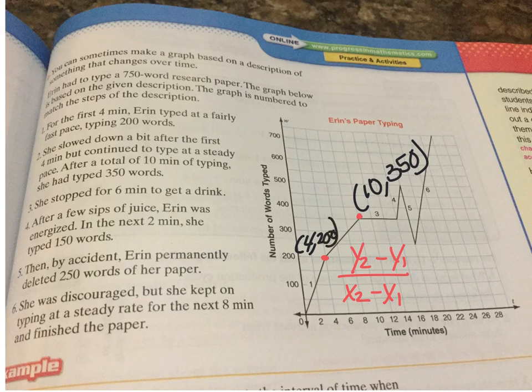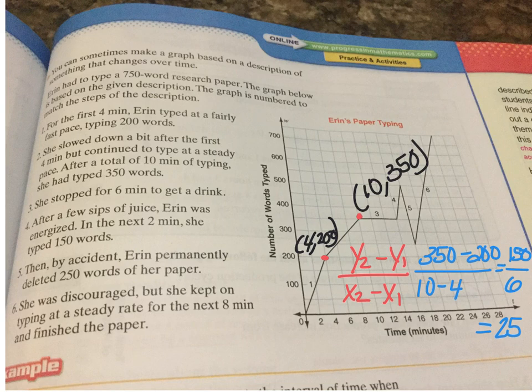We're going to plug them in. We're going to have 350 minus 200 over 10 minus 4, and we're going to get 150 divided by 6. And I'm running out of room, but 150 divided by 6 is 25. So that means that her slowest typing speed was 25 words per minute.